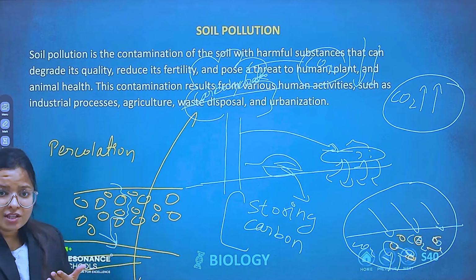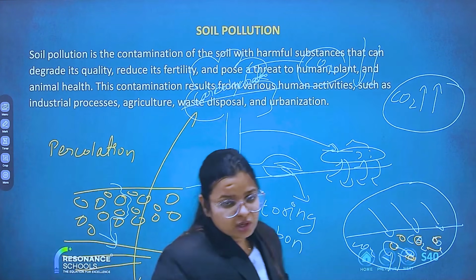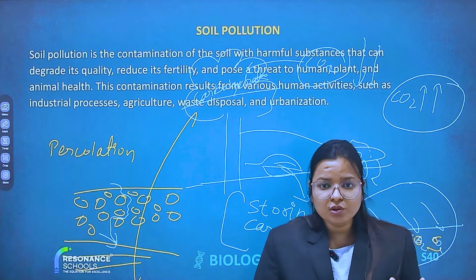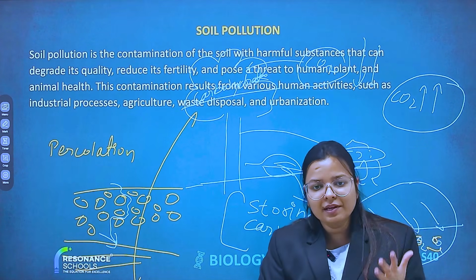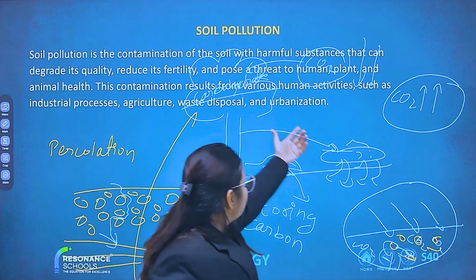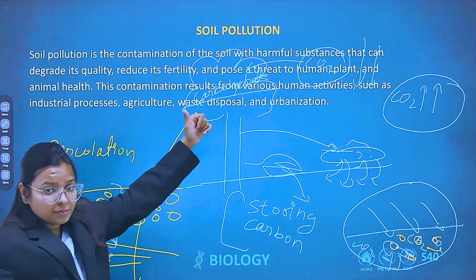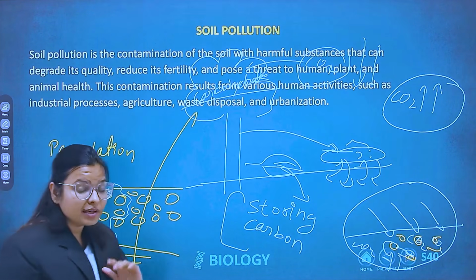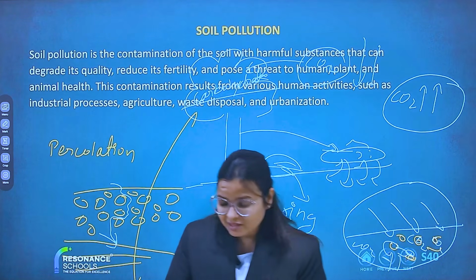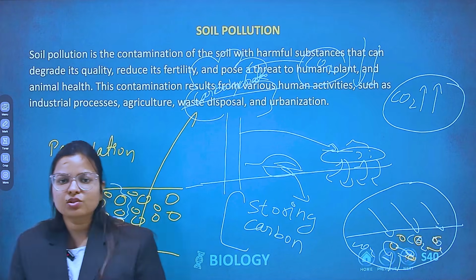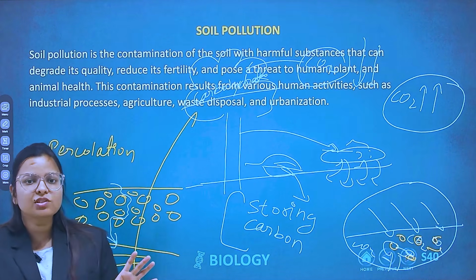So for agriculture also we are disturbing nature. For industrial processes we build so many industries, and so many buildings. Urbanization, because so many buildings are there. If you have seen around, everywhere construction is going on. Have you seen some place where construction is not happening? Everywhere construction is going on.